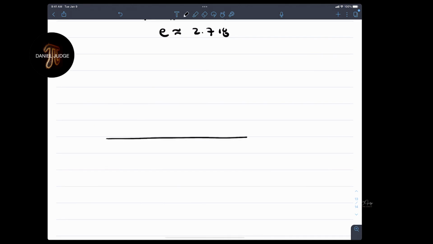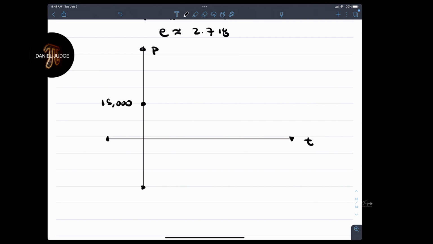So if you were to graph this, to visualize this growth, you can start here. This is your time, and this is your P. So we start at time is 0. This is T is 0. T is going to be greater than or equal to 0, positive time.